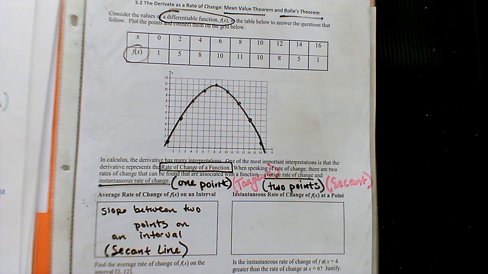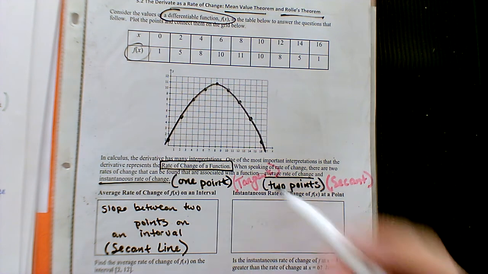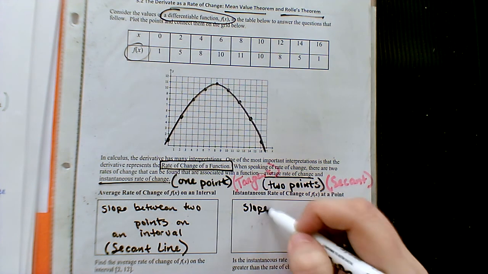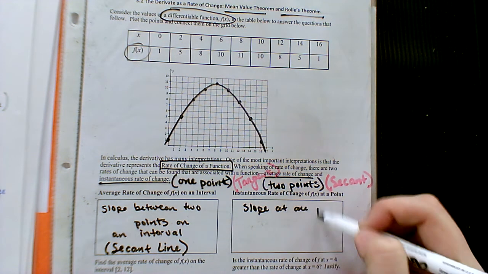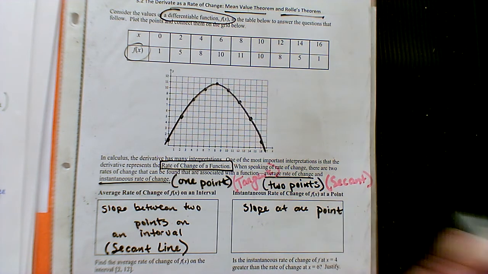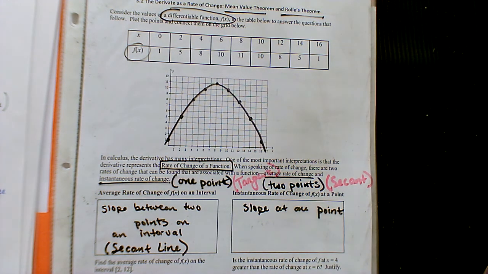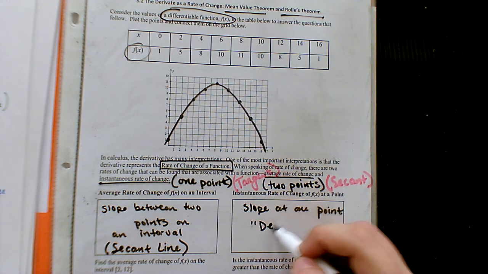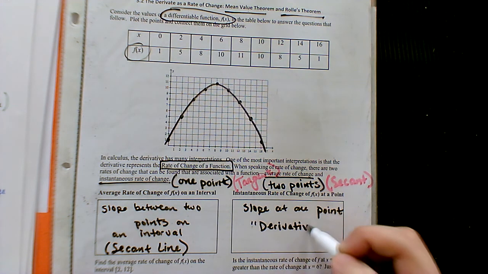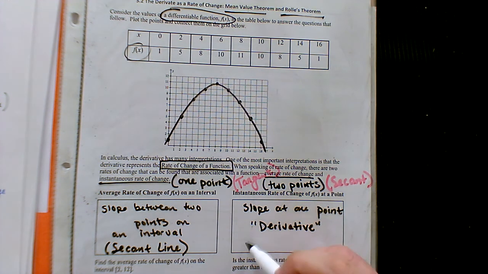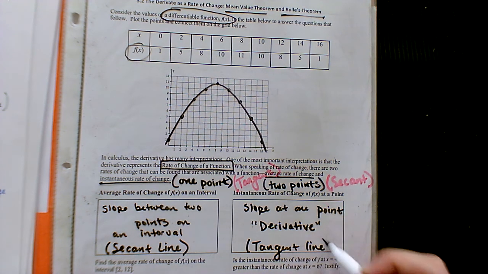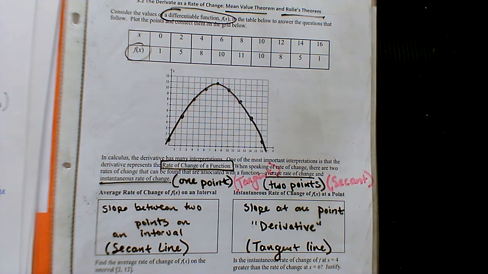You connect 2 points. Instantaneous rate of change is the slope at 1 point. What have we referred to that all year long? Derivative. Okay, and graphically this would be represented by a tangent line, where the slope of that tangent line is your derivative value.